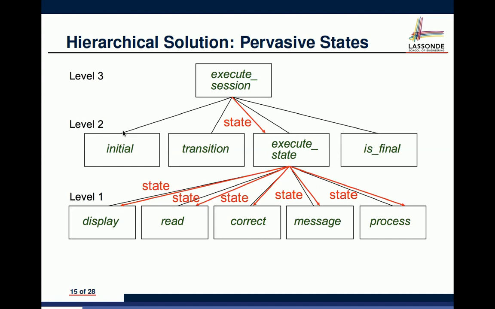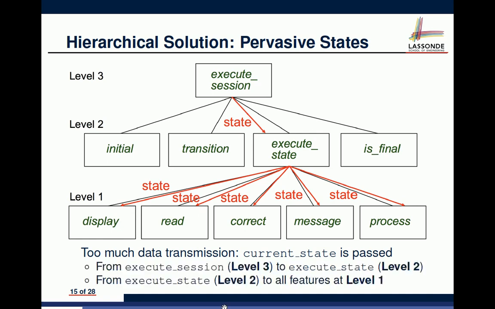You're passing the current states from level 3 to level 2, and then from level 2 to level 1. Now at level 1, you have no way around but to exhaustively check what the current state is, right? So now let's see exactly how we can improve the matter. Too much data transmission. The current state is being passed around too much.